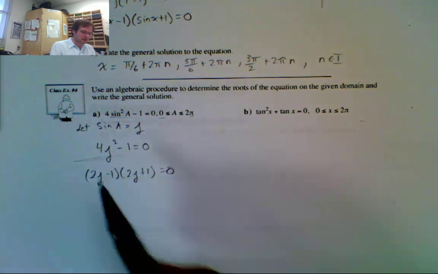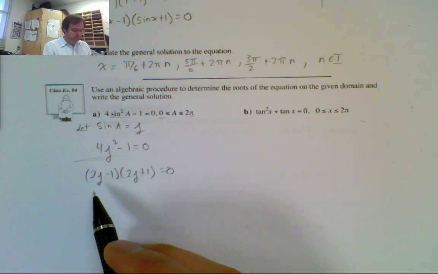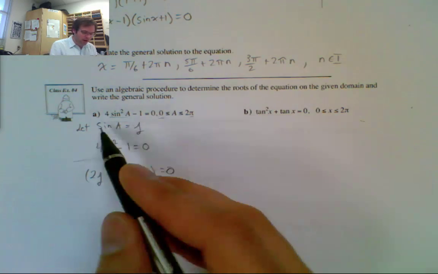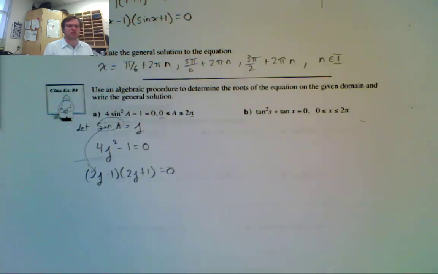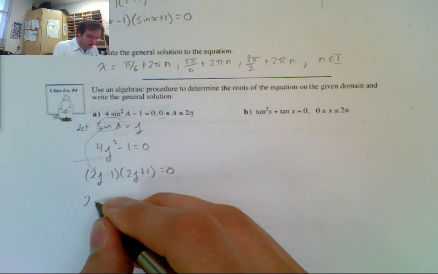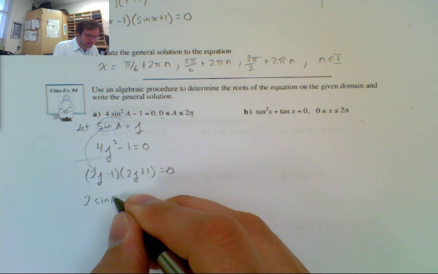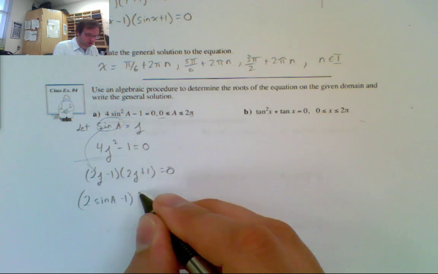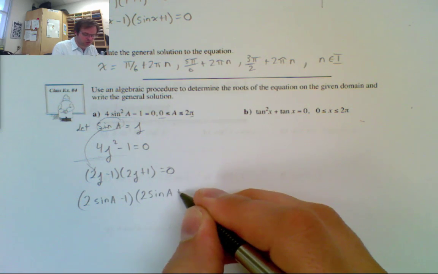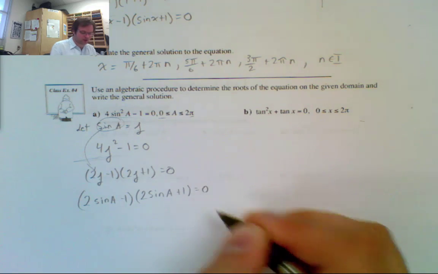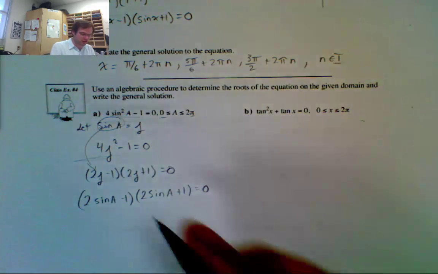Okay? Now, let's continue this here. We know that sine A is actually j, so I'm going to put sine A back in for each j. So I'm going to get 2 sine A minus 1 multiplied by 2 sine A plus 1 is equal to 0. Now I have two sides here to look at.